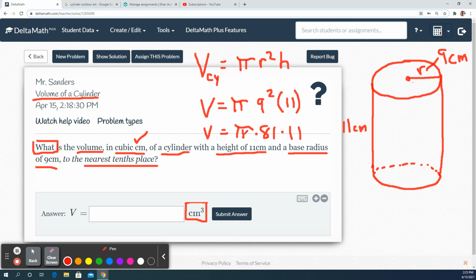So we need to use actual pi to do this calculation. Do not use 3.14. They did not say use that approximation. So this now is equal to 81 times 11. I'll go ahead and use my calculator. 81 times 11 is 891.